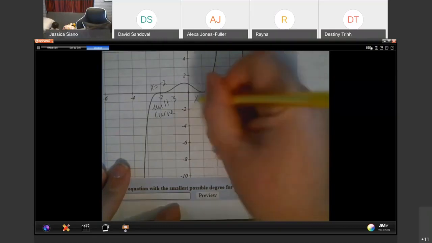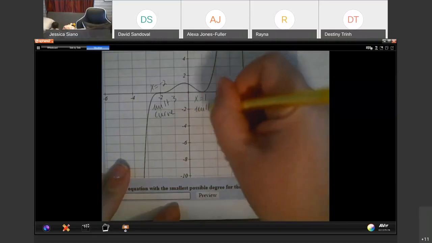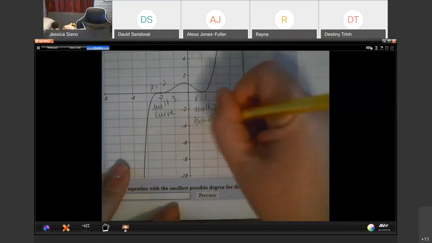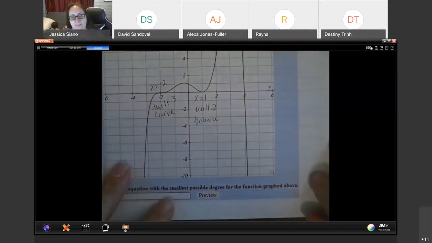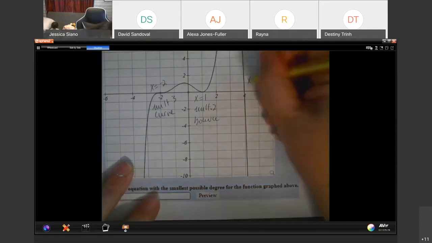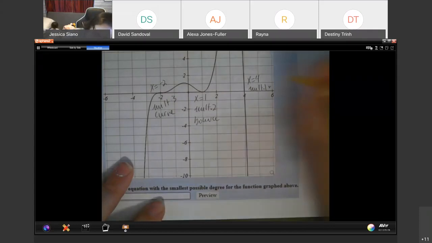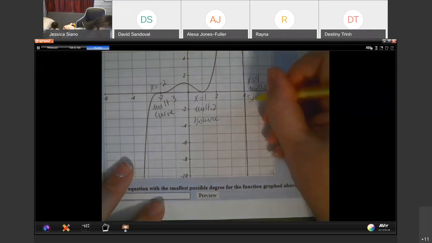Here I have x equals 1, and that is multiplicity 2 because it is bouncing. And here I have x equals 4, and that is multiplicity 1 because it is crossing straight.